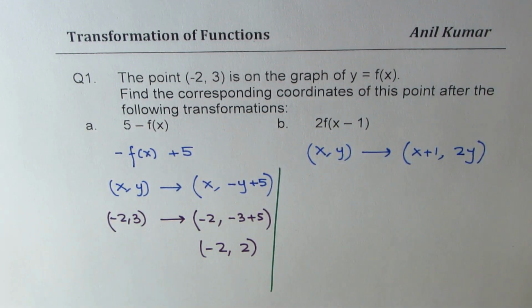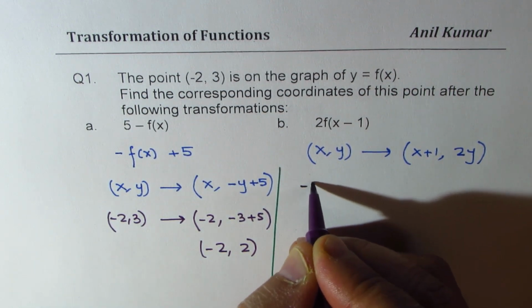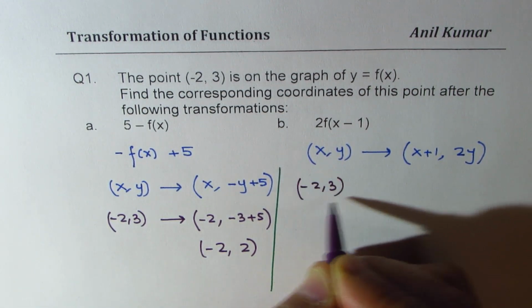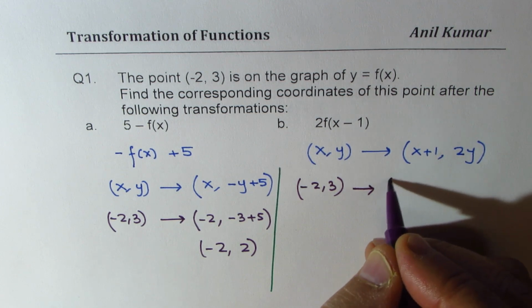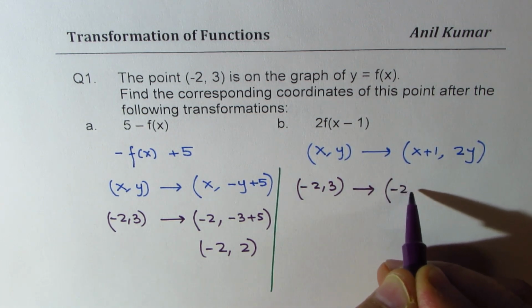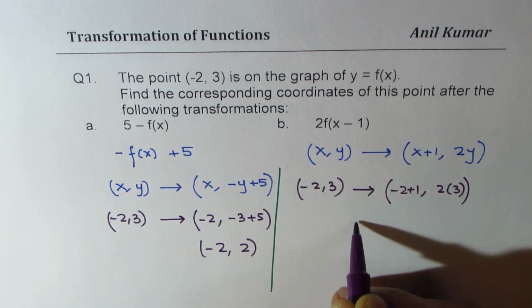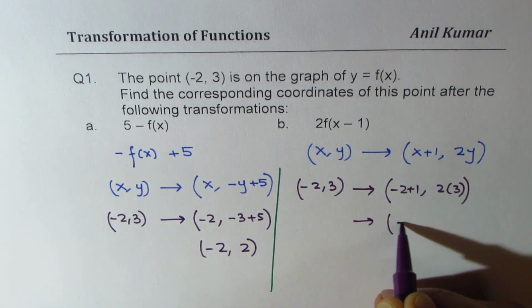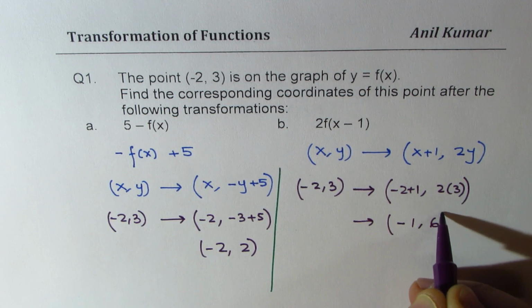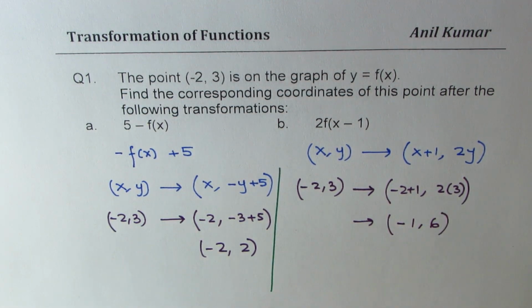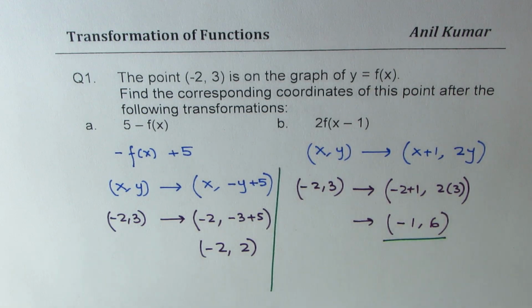Since the original point is (-2, 3), the transformed image point will be (-2 + 1, 2 times 3). So the point is going to be (-1, 6). So that becomes our solution, right?